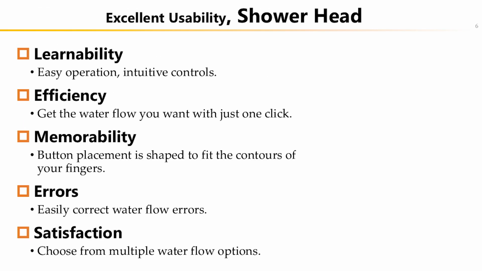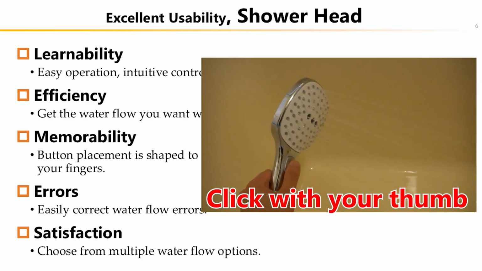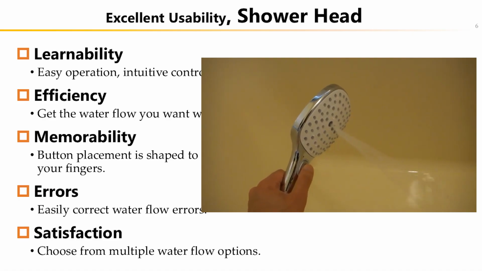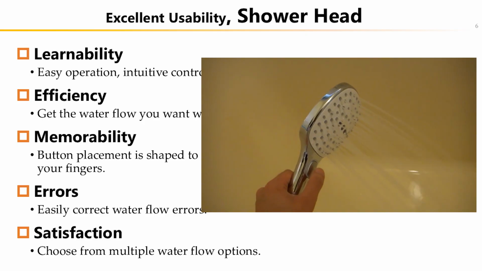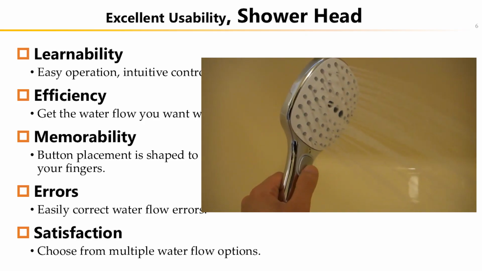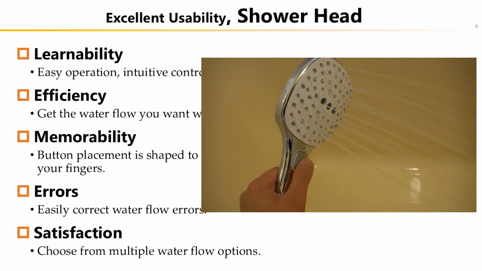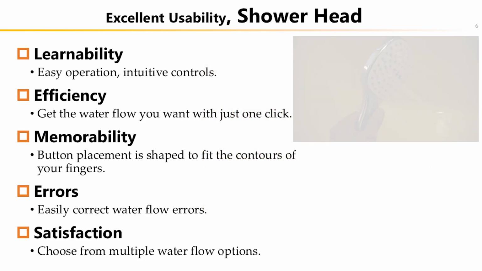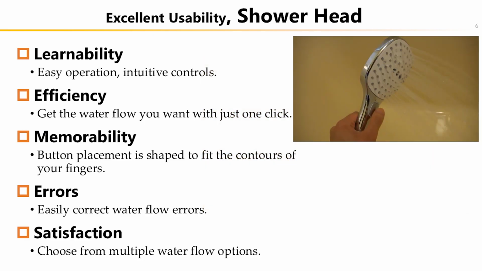From here, let's consider what constitutes good usability, based on Professor Nielsen's usability, through specific products. First, let's look at a showerhead. As shown in this video, the water flow can be easily changed with one hand.